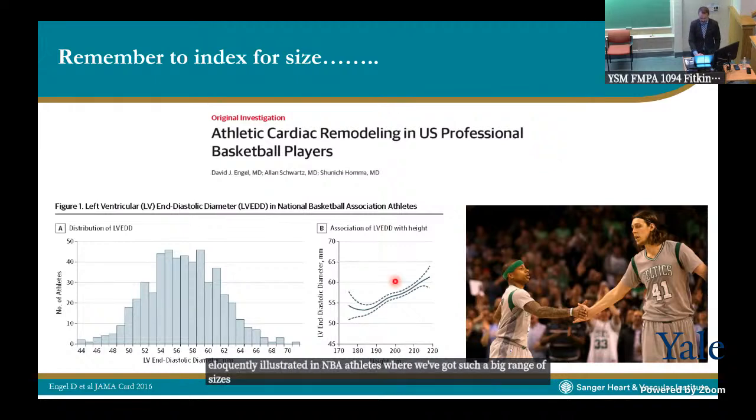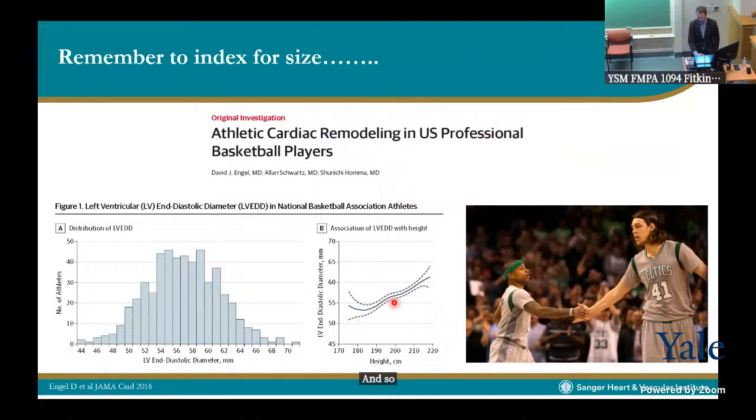As athletes get taller, their LV gets bigger. And so it does track, and our athlete is here at 6'4", about 195, and his LV is somewhere up here. But again, he's not a basketball player, he's a rower, which is a very different effect.